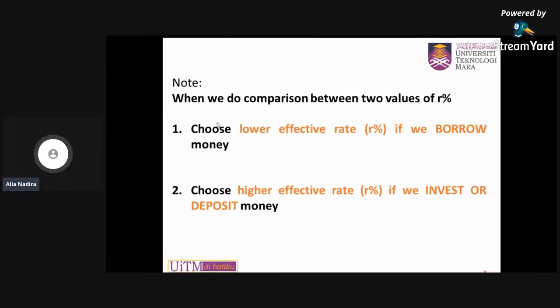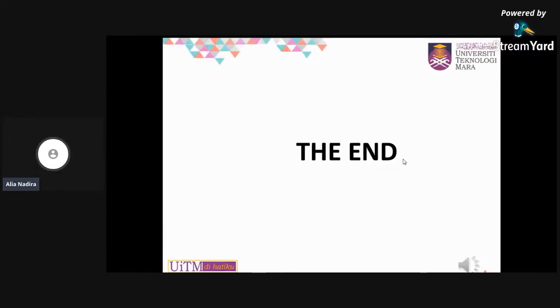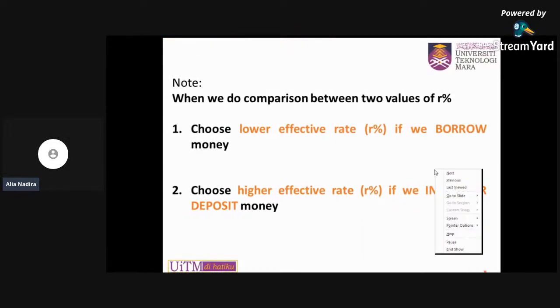Okay, so when we do comparison between two value of R, we choose lower effective rate if we borrow money. Choose higher effective rate if we invest or deposit money. So, bila kita buat pinjaman, borrow money, kita normally akan choose interest rate lagi rendah.